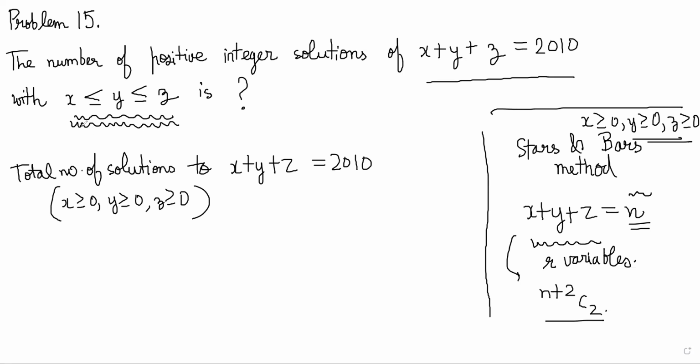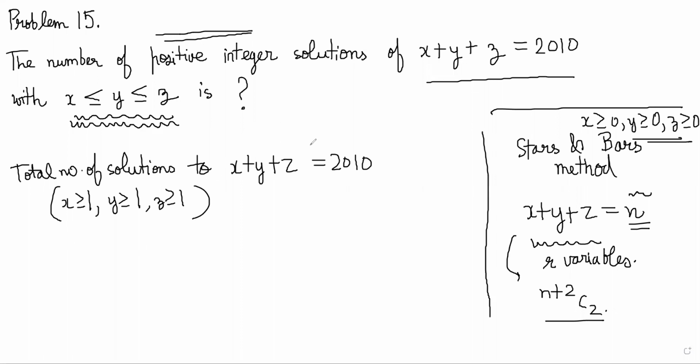Obviously the answer for us will be a subset of these solutions, because our condition is much stricter than this condition. So this is easy. Actually I have made a mistake here. We need positive integer solutions, so it cannot be 0. We should write here x is greater than or equal to 1, y is greater than or equal to 1, and z is greater than or equal to 1. And that is also a pretty simple problem.